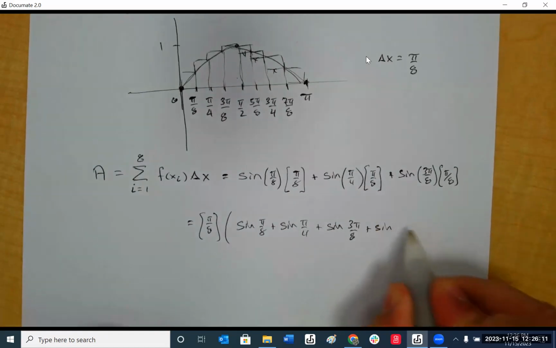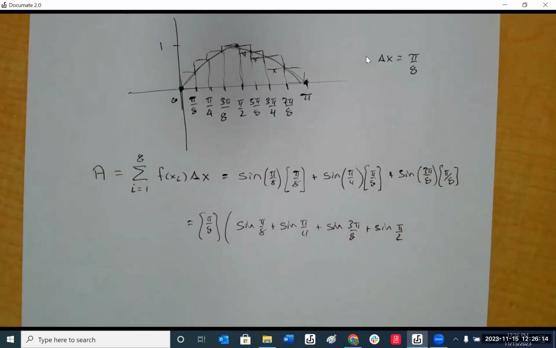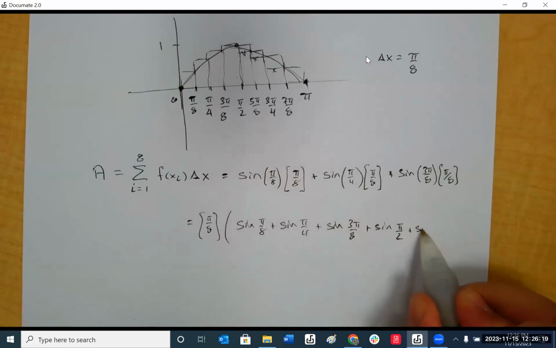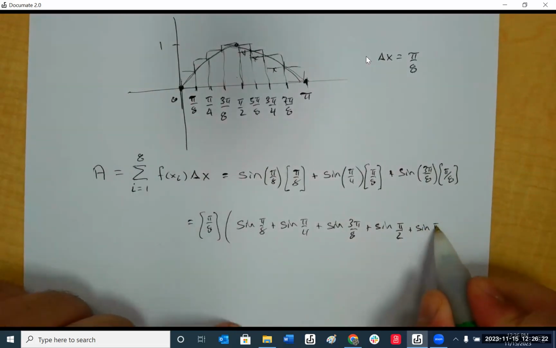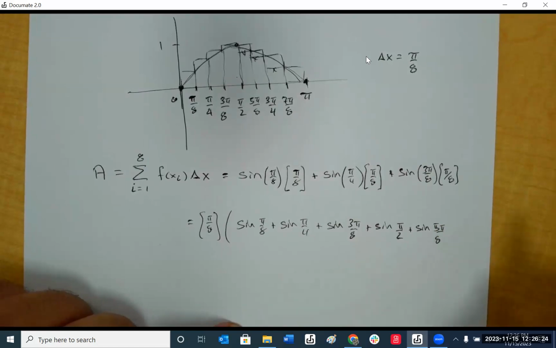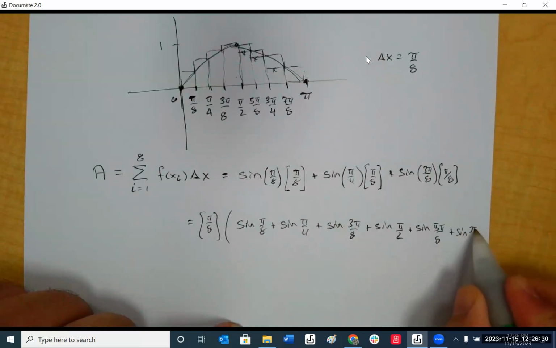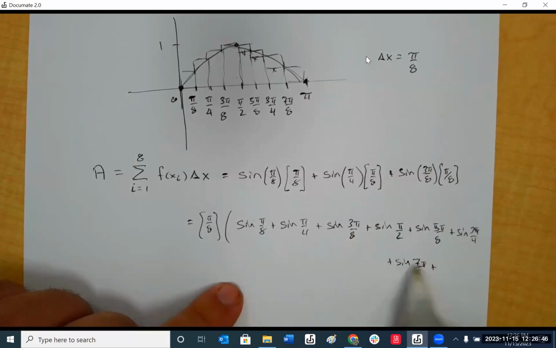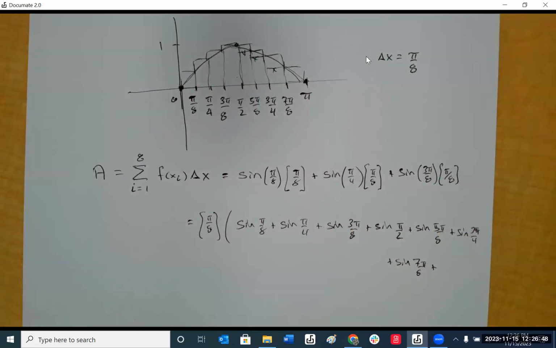Then we go to sine pi over 2. Then sine 5 pi over 8. Then sine 3 pi over 4. 1, 2, 3, 4, 5, 6, 7. Sine 7 pi over 8. 1, 2, 3, 4, 5, 6, 7.